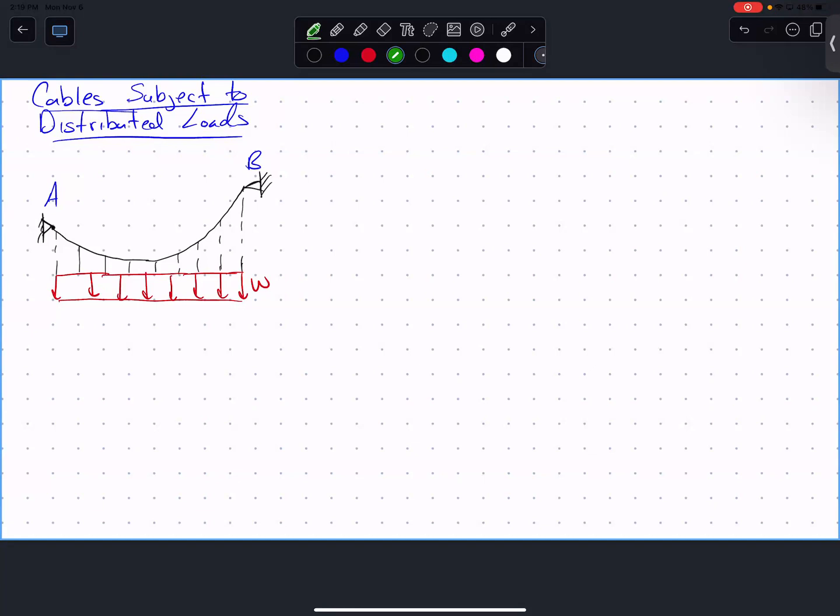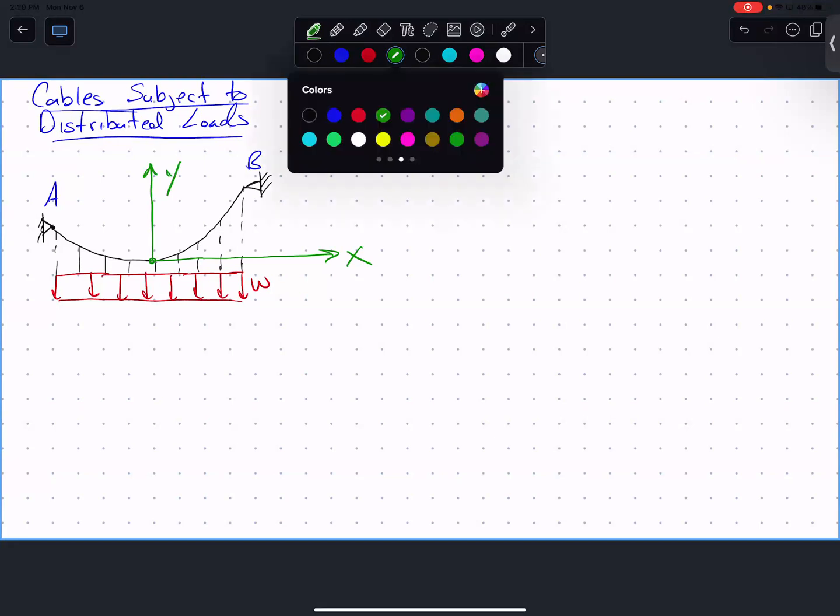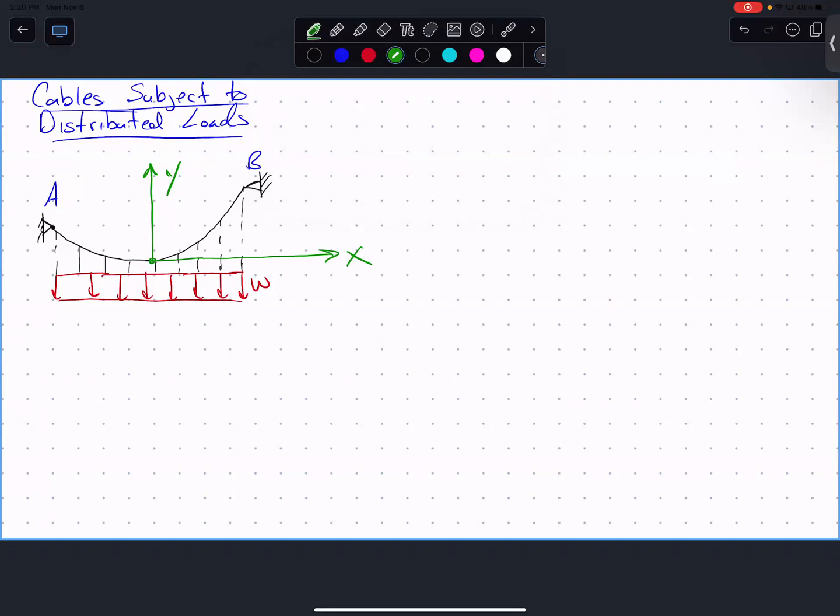We know the origin of our coordinate system is going to go at the location of 0 slope and the lowest spot. So maybe about right there on my picture. So X and Y. So the origin. Oh, and before we put some text down below here, let's label that distance.